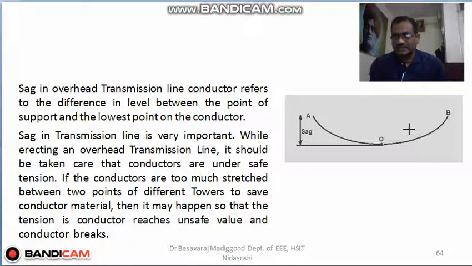Let us say AB is a conductor, and we have supports at points A and B, and sag is the difference between the levels of the point of support and the lowest point on the conductor. This is called sag.